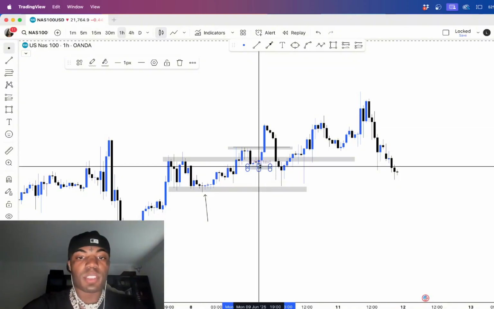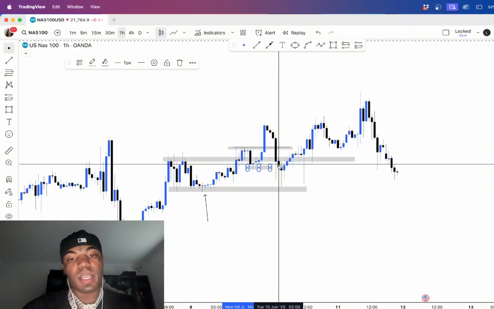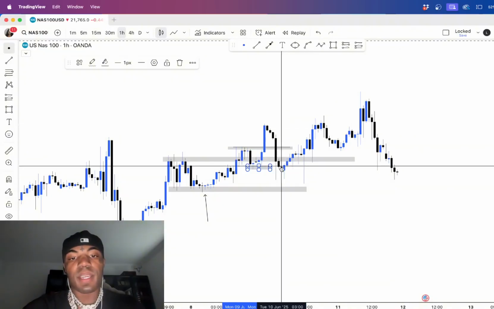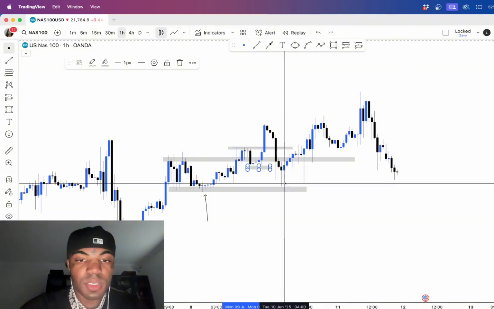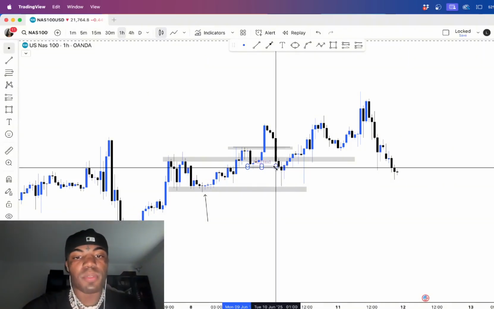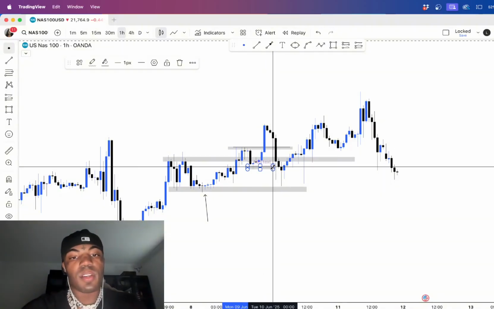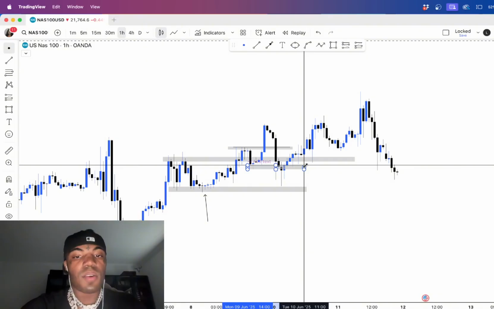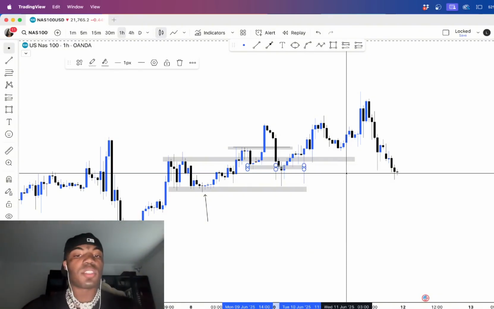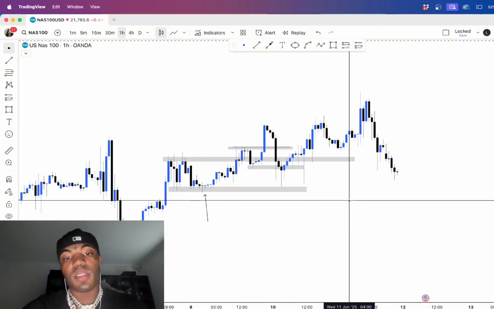Then we have that push off the support, and then we can see that price ends up making that new high and then breaking the structure that we had on that support if we mark this as support. So if we looked at this as support, then we can see that, oh, price is breaking the trend, or price is trying to reverse, which I'm gonna explain later on down the line in the other videos.